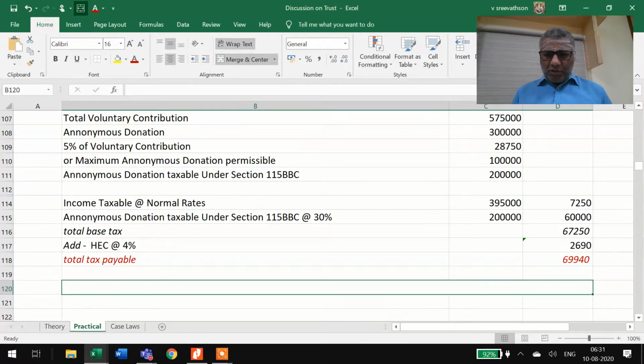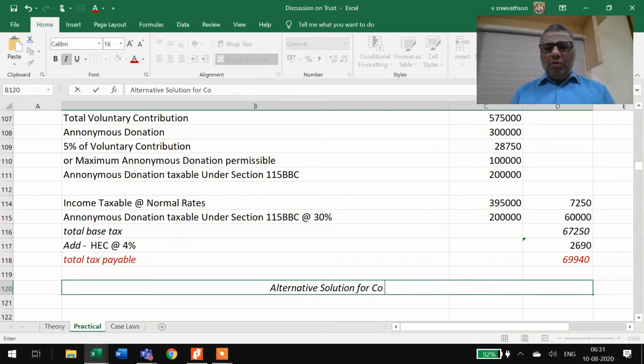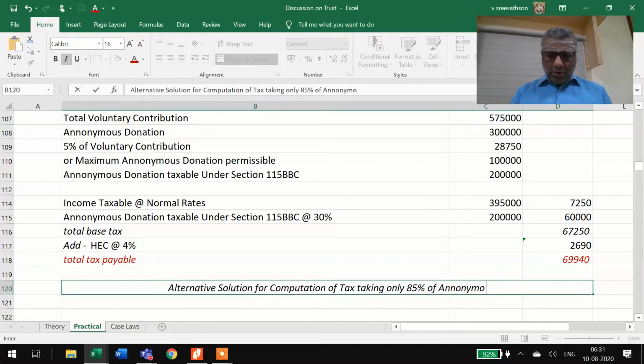We cannot stop here, so we need to provide an alternative solution for computation of tax, taking only 85% of anonymous donation taxable at normal rates.